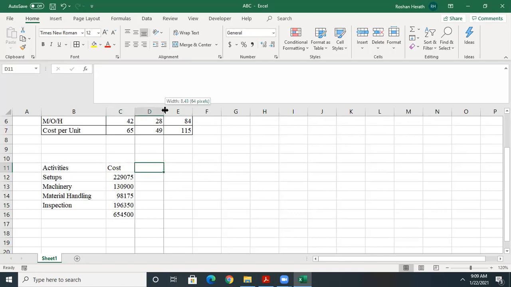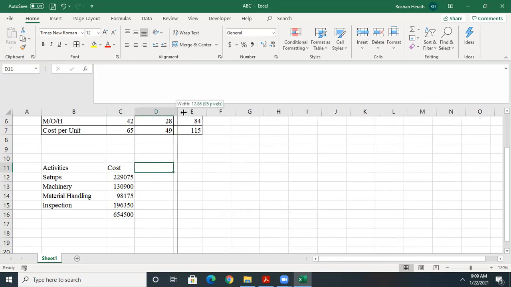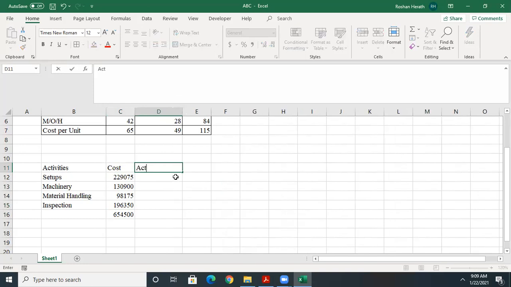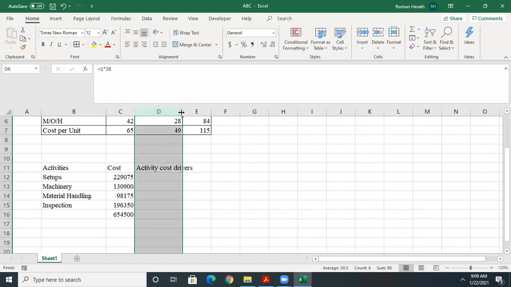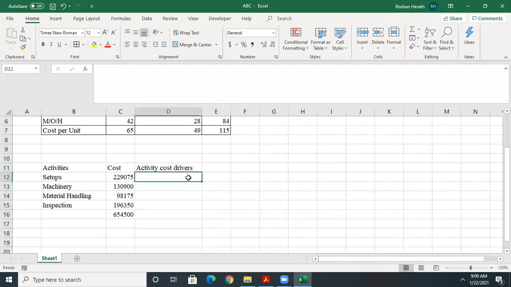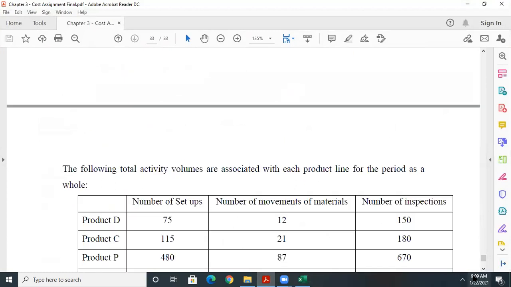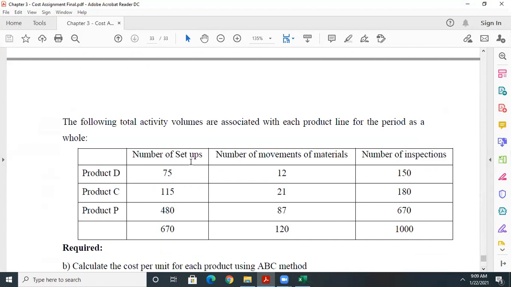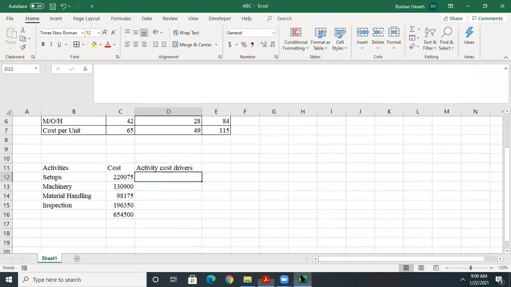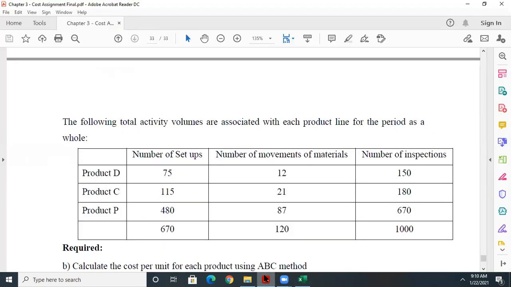Then you need to identify the activity cost drivers. So what are the activity cost drivers here that you find? The setups are driven by what? Based on the given information, that is going to be the number of setups, isn't it? Considering the cause and effect relationship, it is the number of setups that drives the cost.